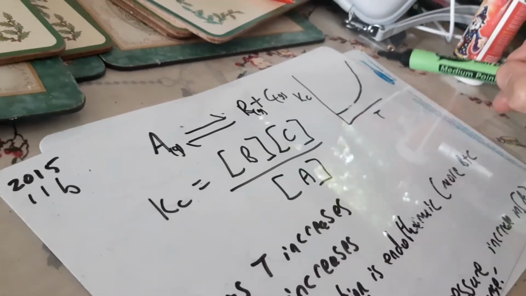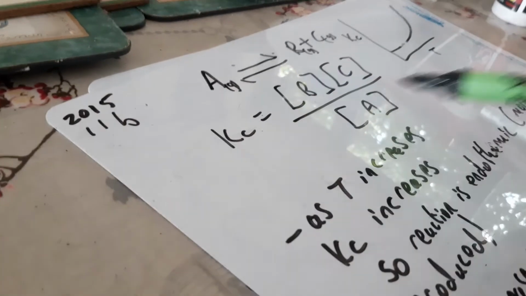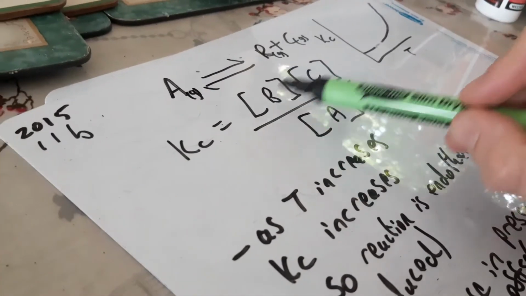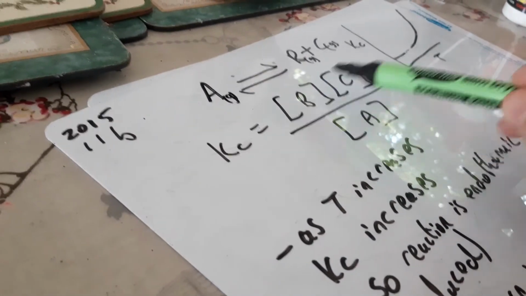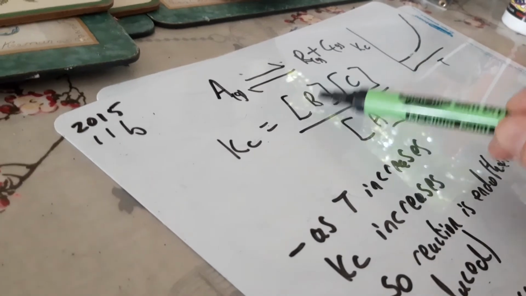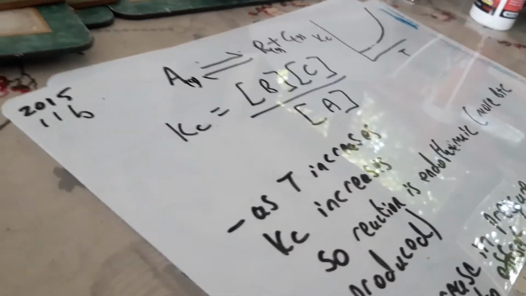So as we increase the temperature, it's going to produce more of the endothermic side. It's going to try and cool the reaction down. So if Kc is increasing, which it is according to our graph, well then we must have more of these guys than we do of this. So that tells us that this reaction is endothermic. We're producing more B and C to offset that increase in temperature. So this reaction, as it's drawn left to right, is an endothermic process.